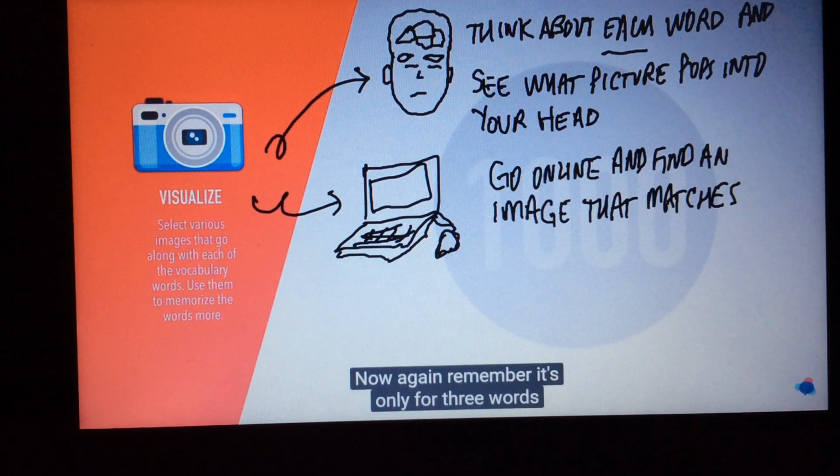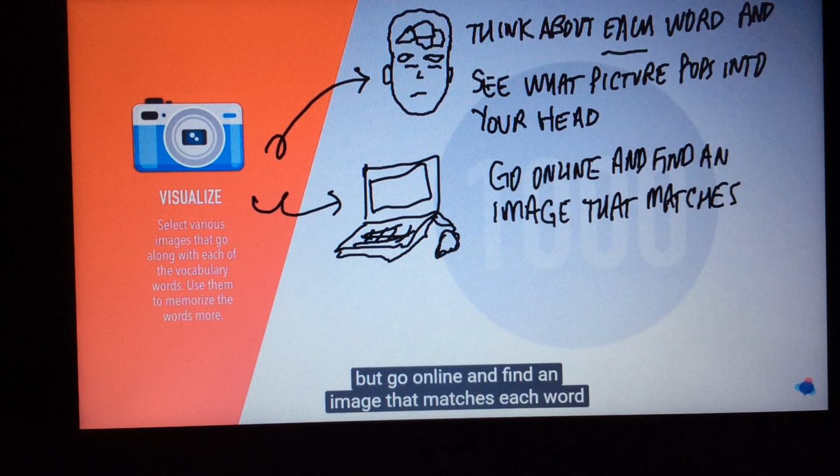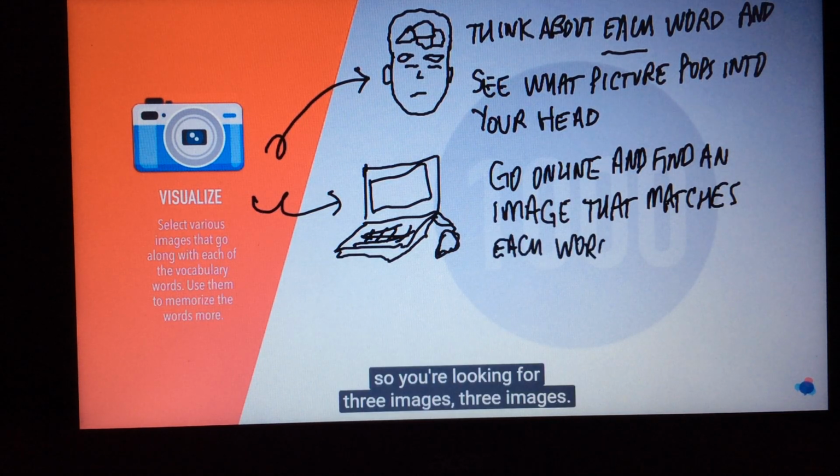Okay? Now again, remember, it's only for 3 words, so it's not going to take you a long time. Okay? But go online and find an image that matches each word. So you're looking for 3 images.